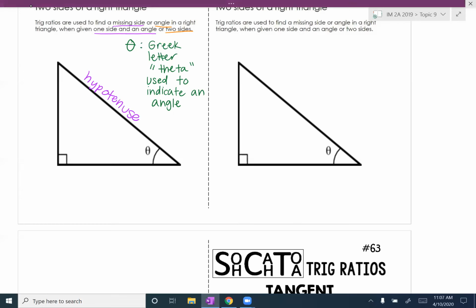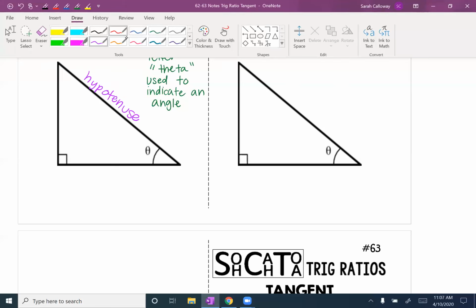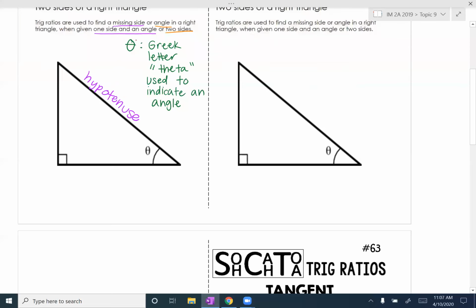What's going to change is that I'm going to name the legs in a specific fashion. It's related to theta. A side that is opposite theta is across from theta in the same way that the hypotenuse is opposite the right angle. I can think about drawing a line from the right angle to the side, and I can do the same thing with theta. If I draw a line from theta to the side across from it, that's this side.